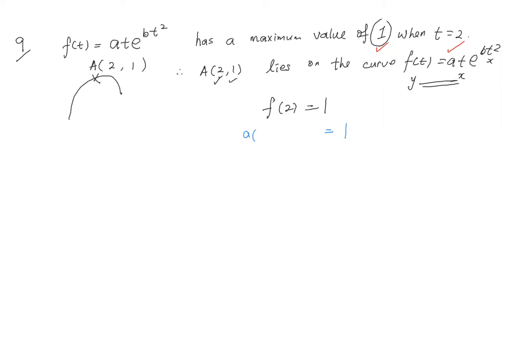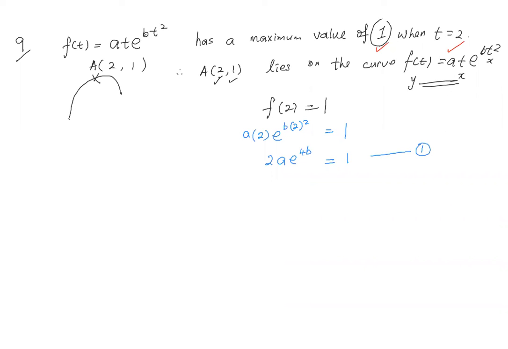When y equals 1, what is the value of t? When f(2) equals 1, that means t must be 2. So a times 2 times e to the power of b times 2 squared, equal to 1, correct? Yes. So now I have 2a e to the power of 4b equal to 1. So now I have one equation.